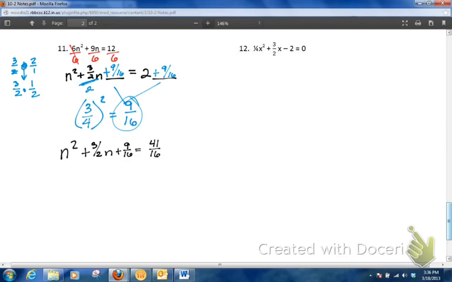Okay, so again, I know what this binomial is going to be. It's going to be n, and then again I look at what half of my number was, so n plus 3/4 squared equals 41/16.